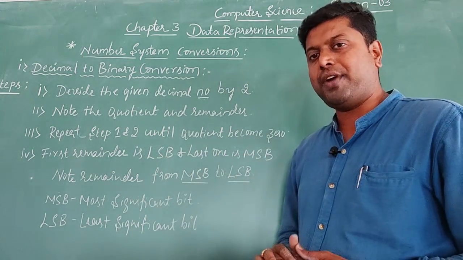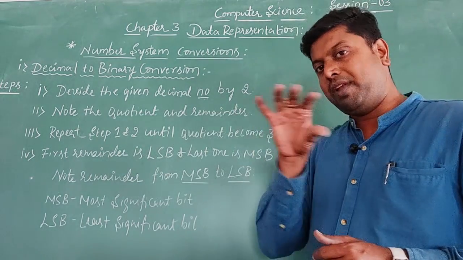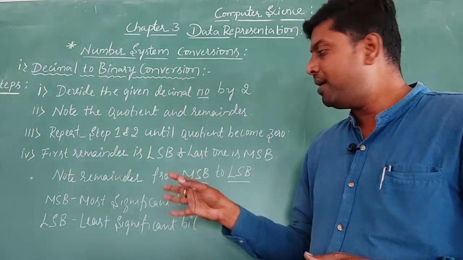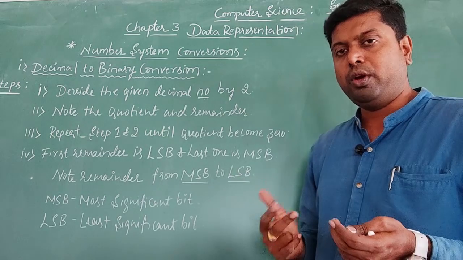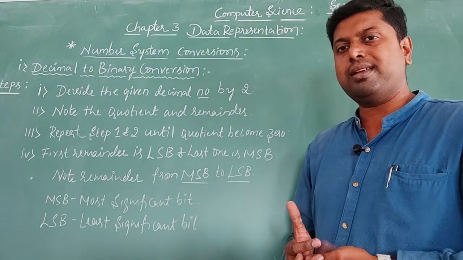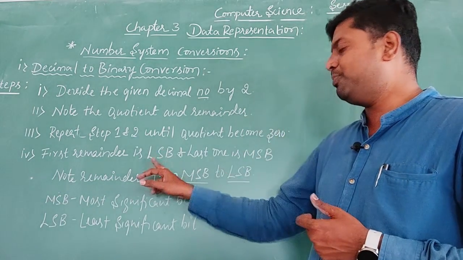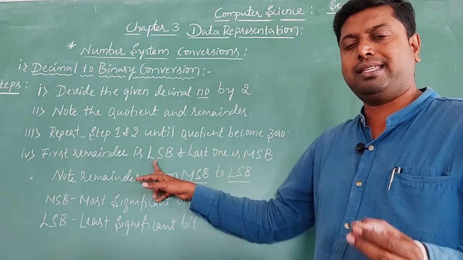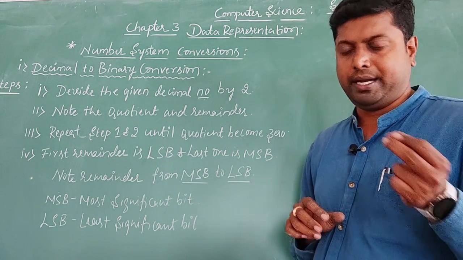Then the last final step: the first remainder we get is the LSB, and the last remainder is the MSB. In your mind you may have a question, what is LSB and what is MSB? I will show with an example. LSB abbreviates least significant bit, and MSB is most significant bit.